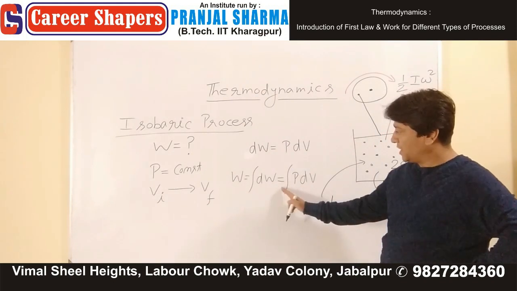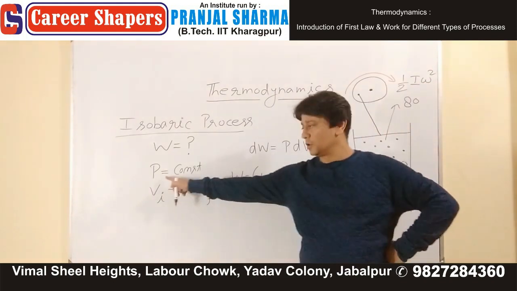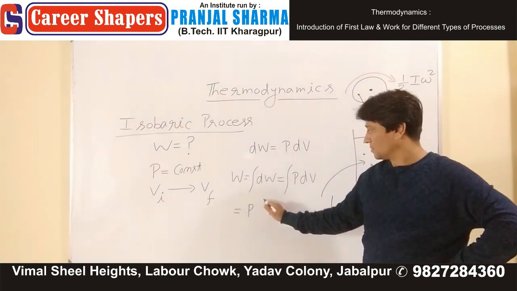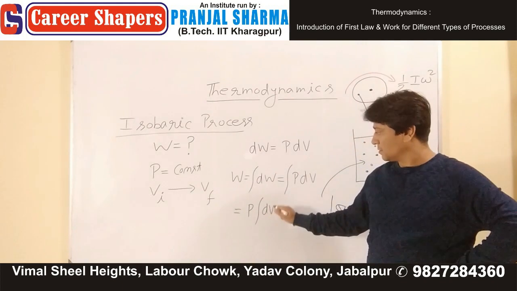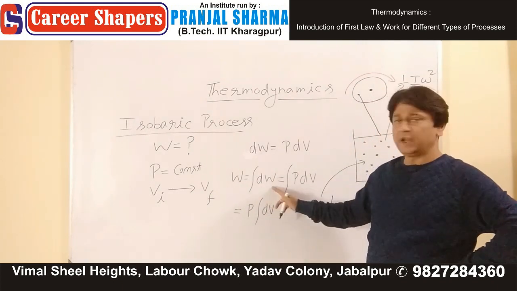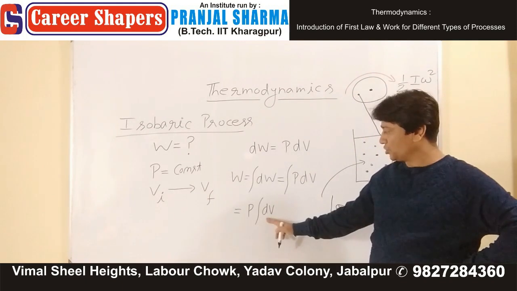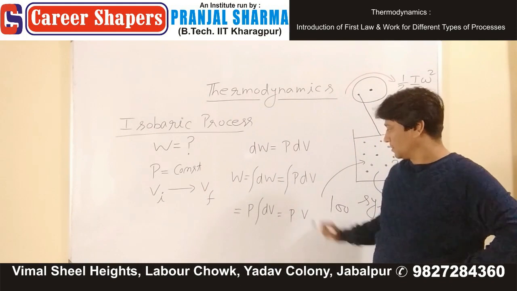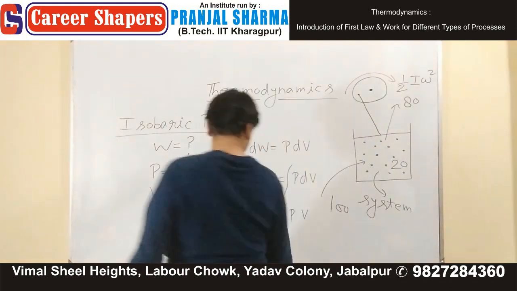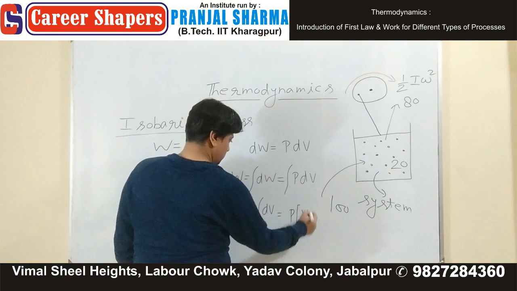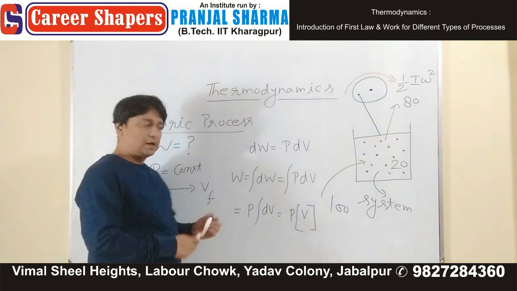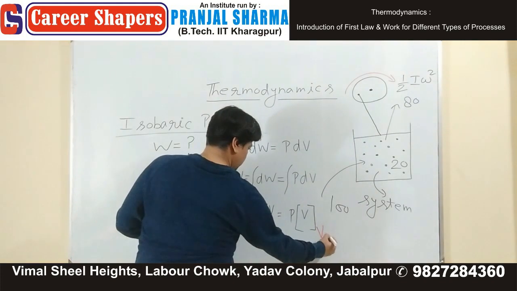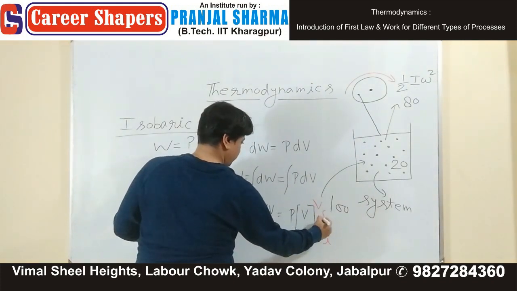Can I take this P out? Yes, because P is constant. What is integration of dW? W. What is integration of dV? V. But now you must use limits. So we are changing from V initial to V final.